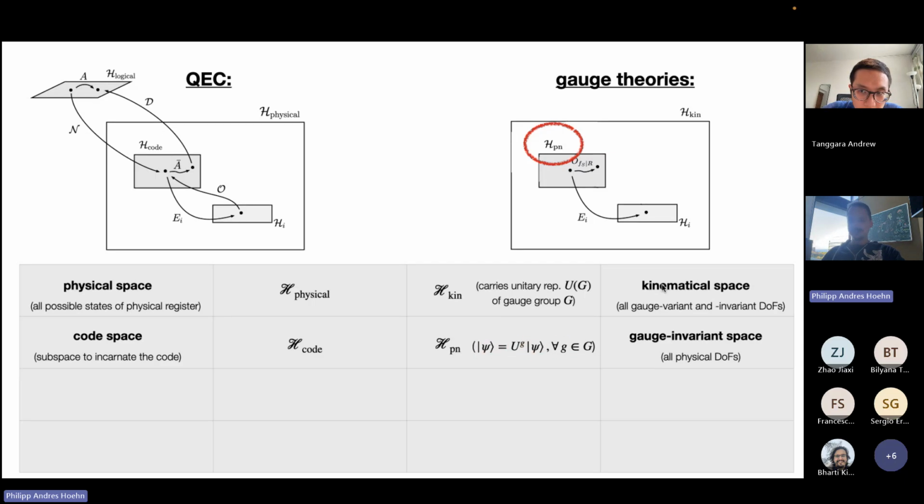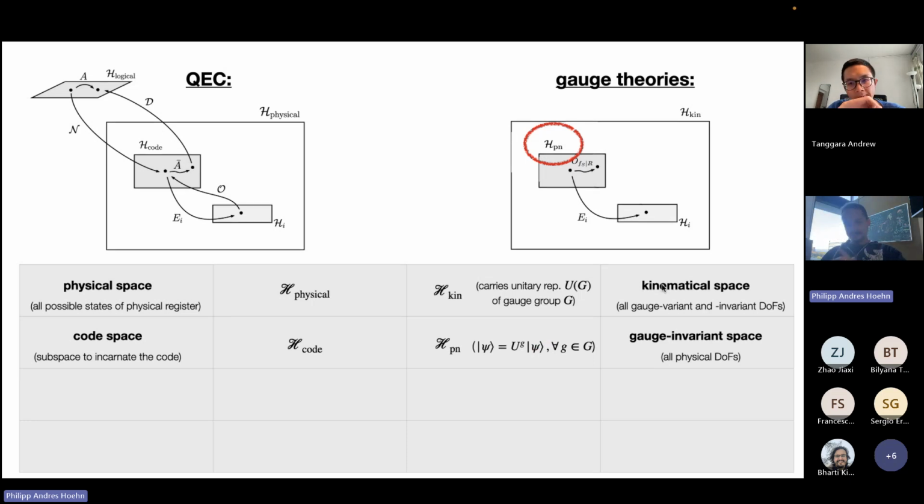Usually it is called H-phys or H-physical in gauge theories. I'm not going to call it this way so that we don't confuse it with this one here. I'm just going to call it H-PN, and why I call it PN will become clearer later on. It will stand for perspective neutral, something to do with quantum reference frames, but for the moment, you should just think of it as a gauge invariant Hilbert space.